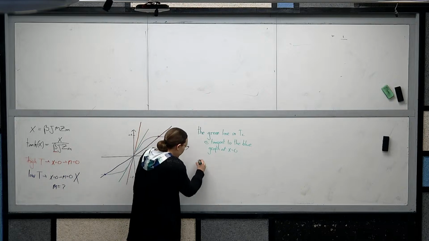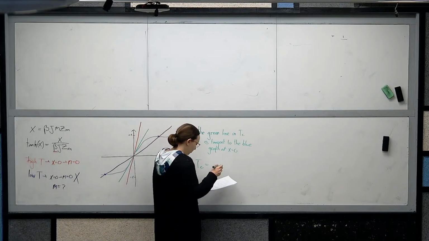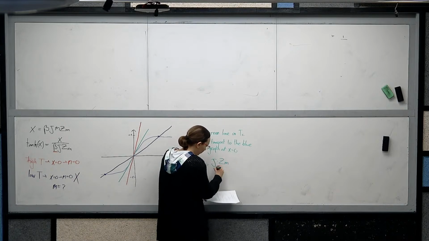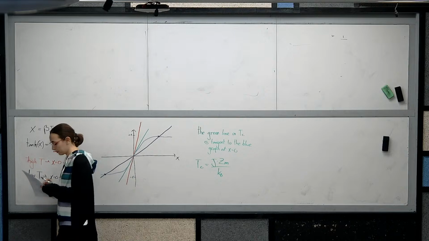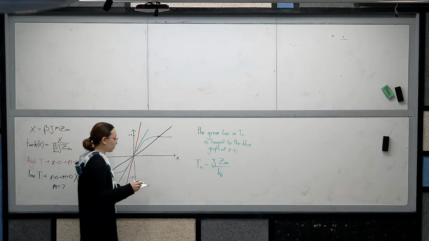So the critical temperature Tc will be equal to J times the number of nearest neighbors divided by Kb. Great. Okay? Good. So let's move to an exam question.